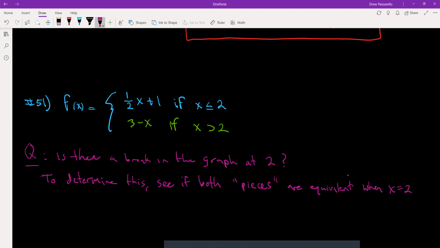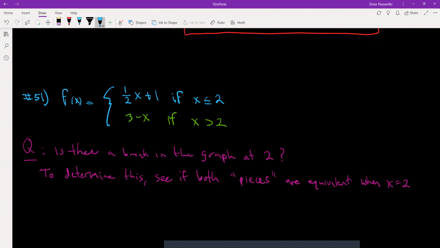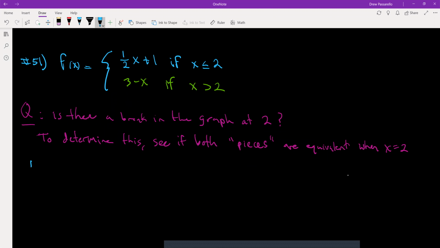All right, so for the first piece, 1/2 x plus 1, if I plug in 2, that's 1/2 times 2 plus 1. So 1/2 times 2 is 1, so 1 plus 1 gives me 2. That's for the first piece.